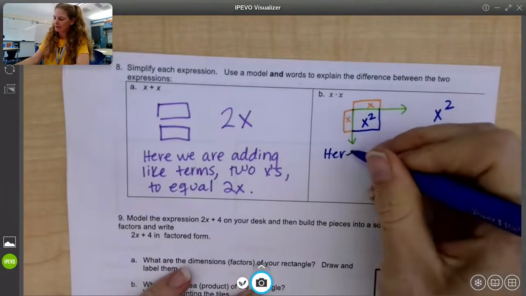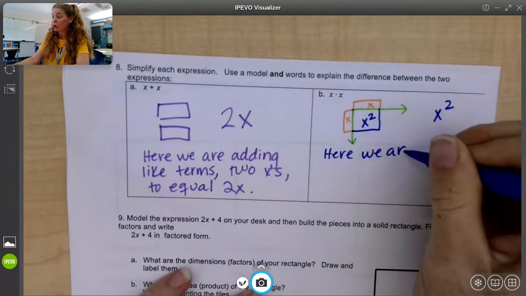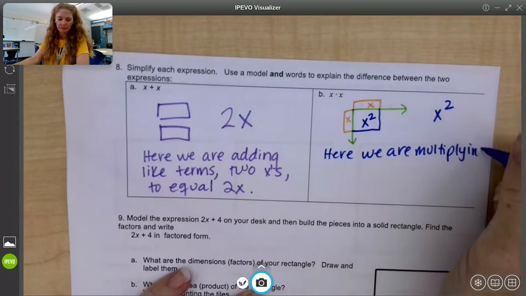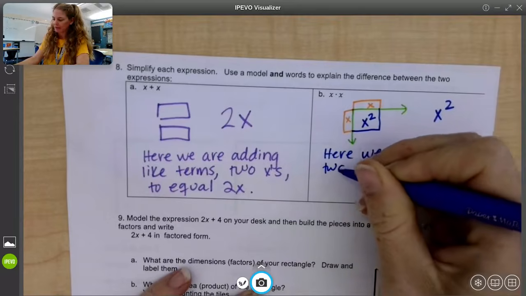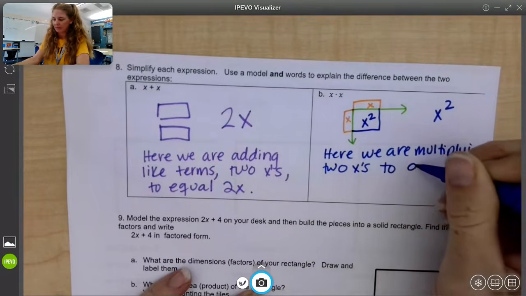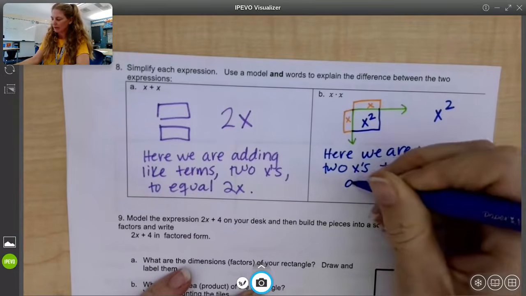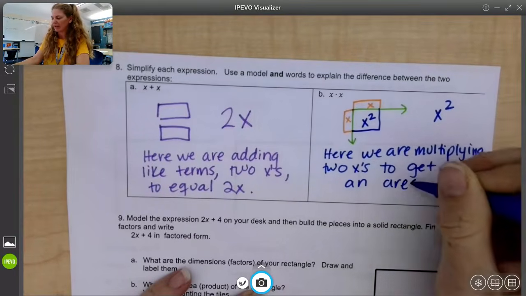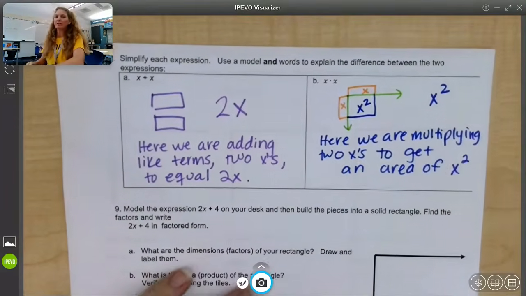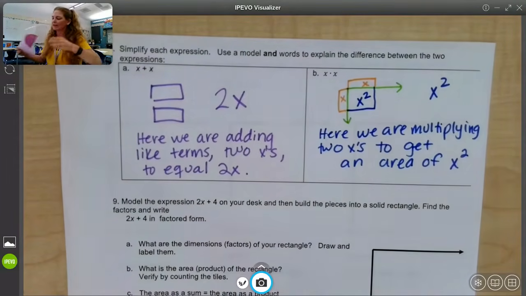So here we are multiplying 2 x's to get an area, you think of it as an area, of x squared. So very important, x plus x is 2x and x times x is x squared. It's something you're probably going to be going over multiple times throughout your mathematical career.